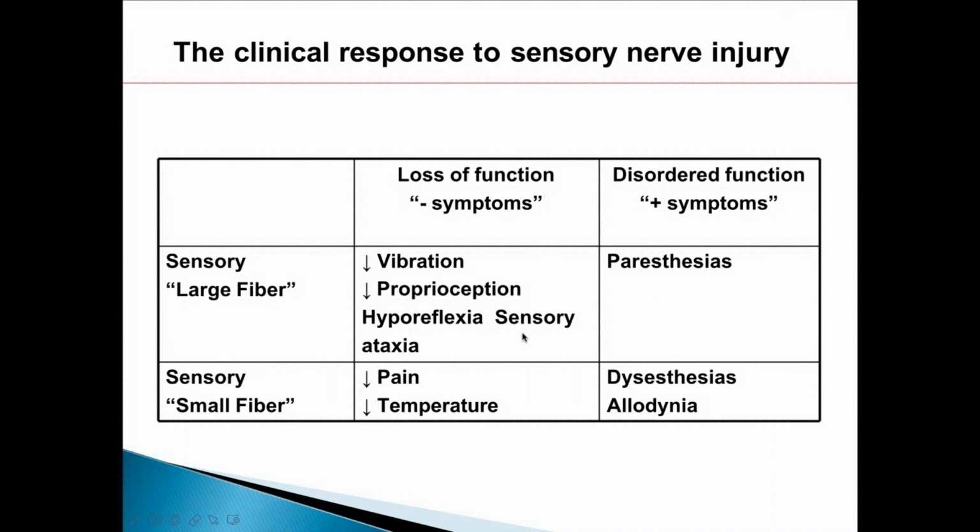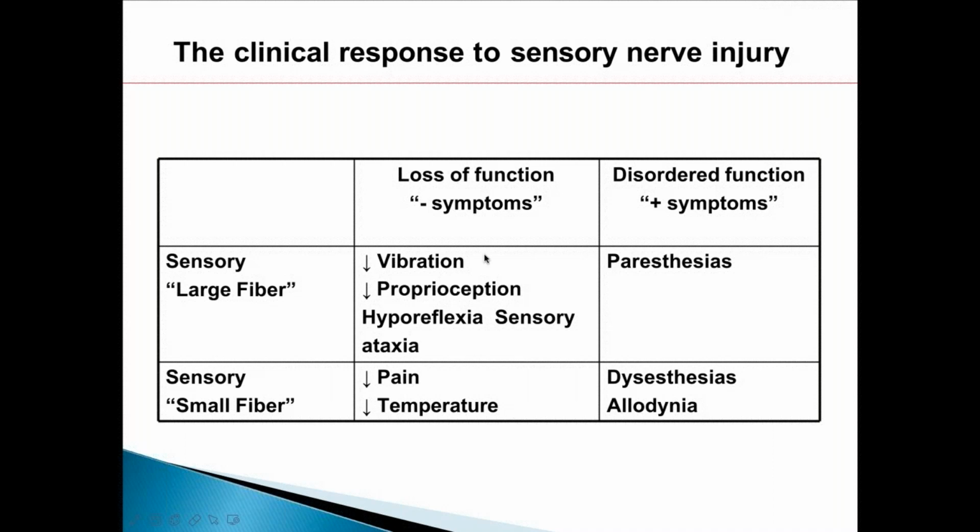Now, when you look at small fiber disease, there might be decreased pain and temperature. So when you do a CNS examination, when you are looking at all modalities, be very clear which modality has decreased. Is it just pain and temperature, or is it vibration and proprioception, which are the posterior columns? If the modalities of the lateral columns have decreased, there might be a problem with small fibers.